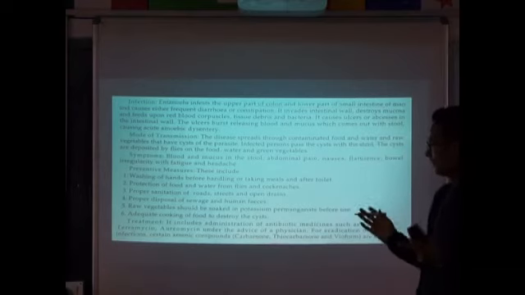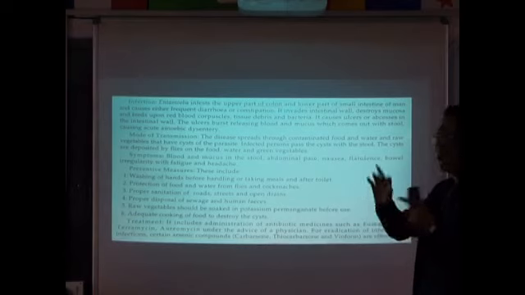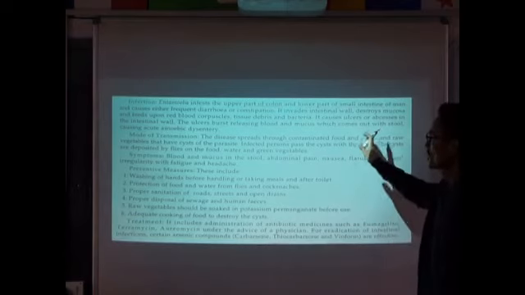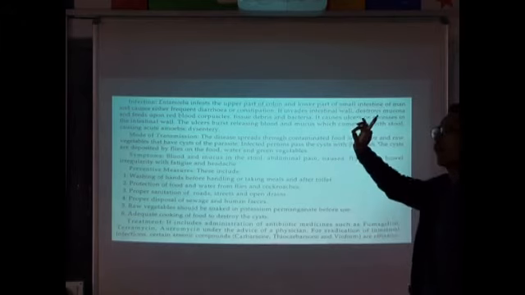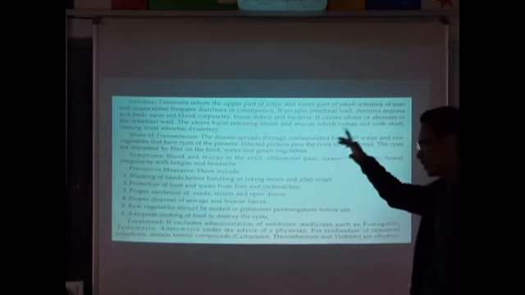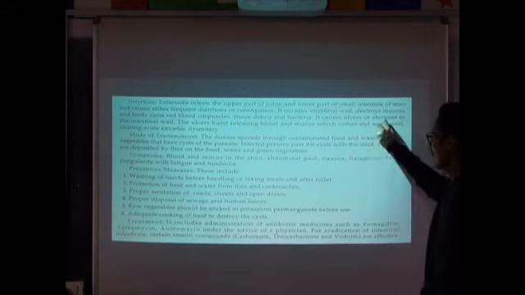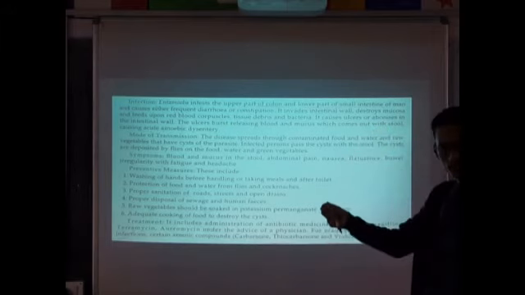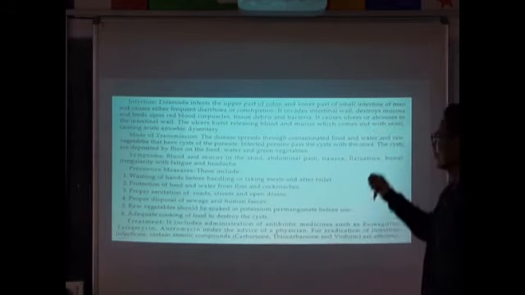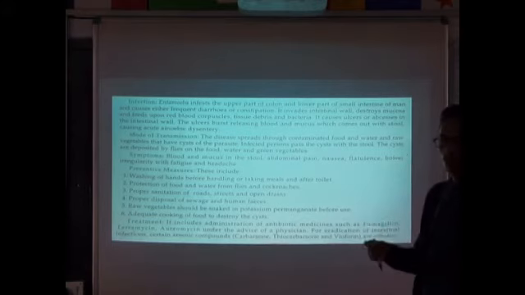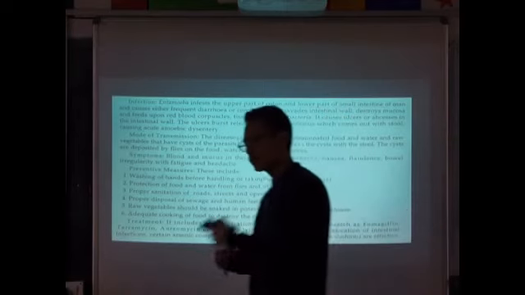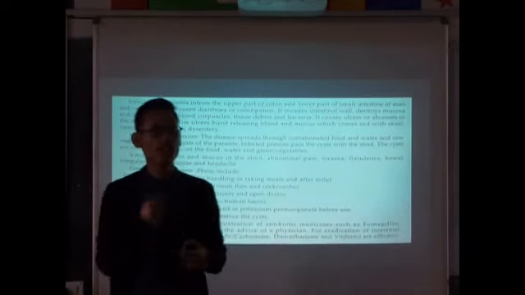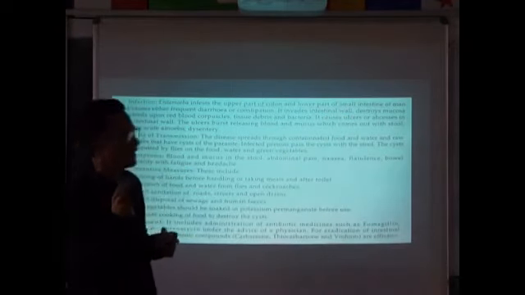The ulcer will burst, releasing blood and mucus, which comes out with stool and causes amoebic dysentery. It will lead to the formation of the ulcer, the cavity or the abscess, alright? The ulcer will burst, it will rupture, and therefore the mucus will come out with the stools, leading to amoebic dysentery.